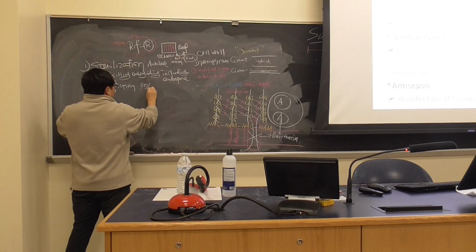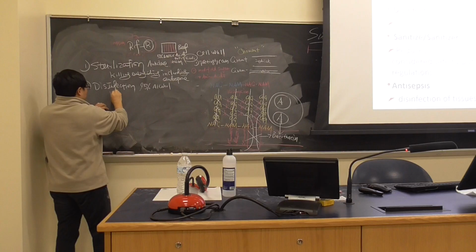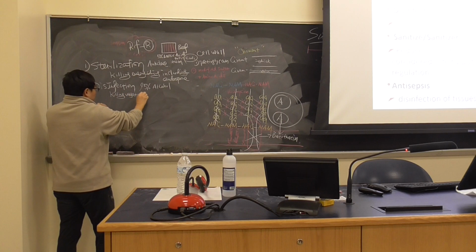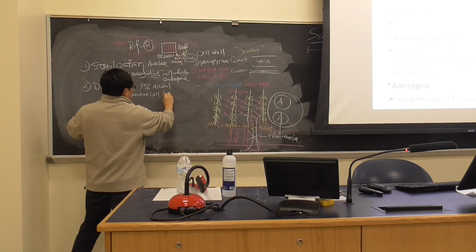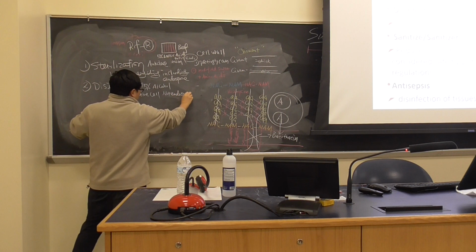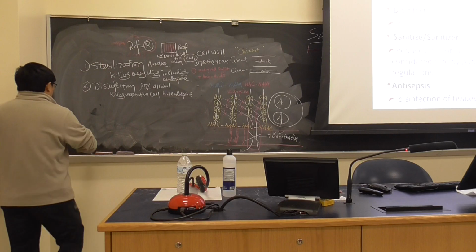Using 95% alcohol, for example. That is killing vegetative cells, not endospores. Which means Clostridium and Bacillus may not be affected.